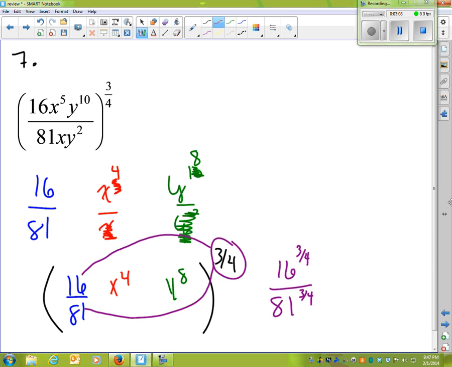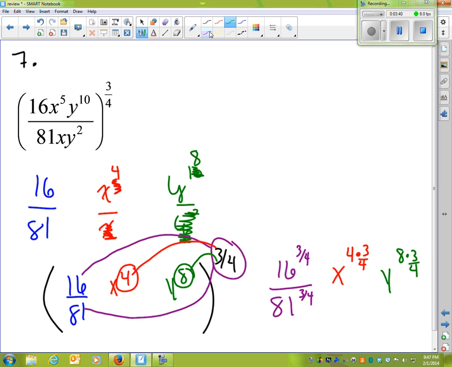It goes to the x. X already has a power, so when I'm doing a power with a power, I multiply them together. 4 times 3/4. And the y, it already has a power, so again, I'm going to take 8 times the power of 3/4. So y, 8 times 3/4.